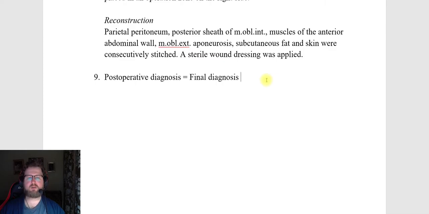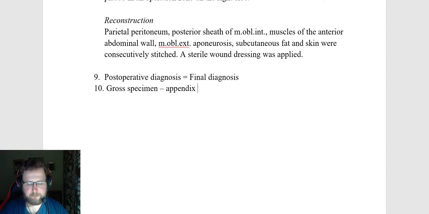After establishing postoperative diagnosis, we describe what we've taken out. So our gross specimen is appendix with its mesentery.